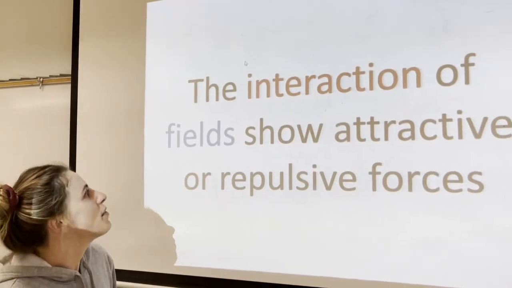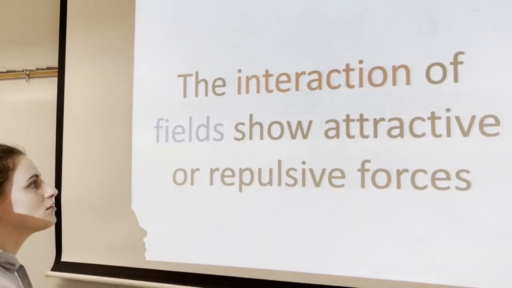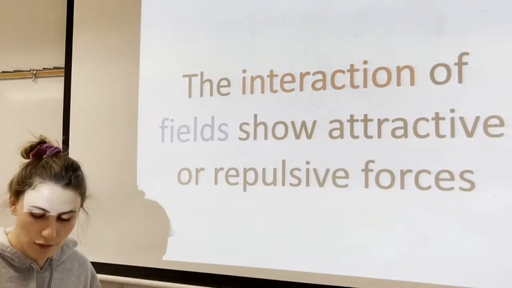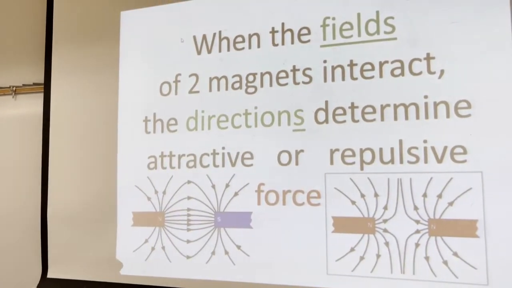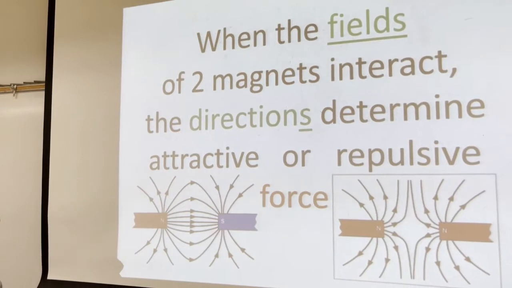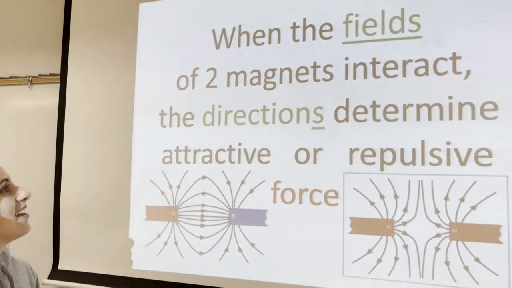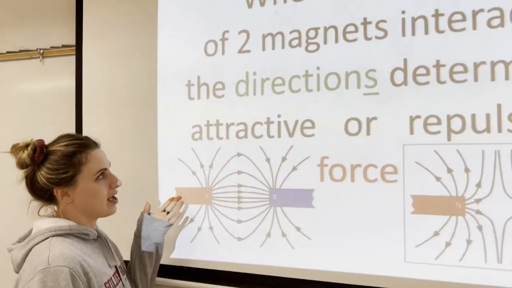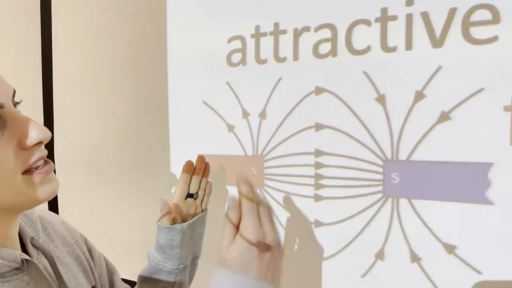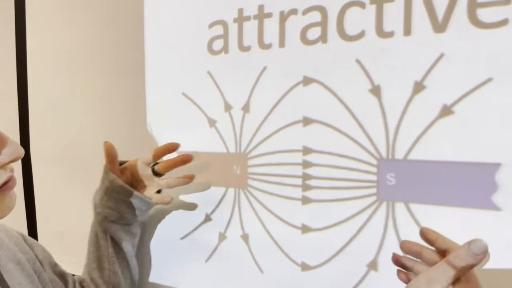The interaction of fields shows attractive or repulsive forces. When the fields of two magnets interact, the directions determine attractive or repulsive forces. So we've got north and south. Let's go out of the north and into the south.